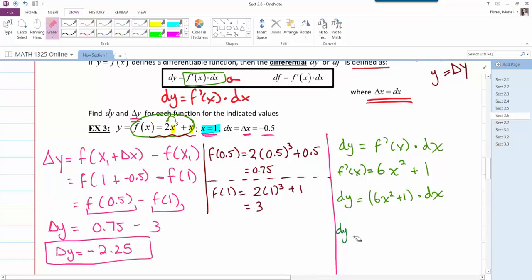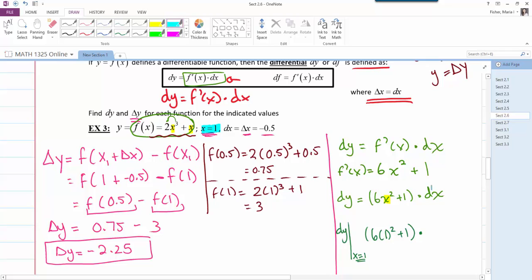Typically, the way that we write this is we write dy with a bar down and put x equal 1, knowing that what we're doing is plugging in a 1 in place of all the x's in our given equation. So we're going to say 6 times 1 squared plus 1 times dx.